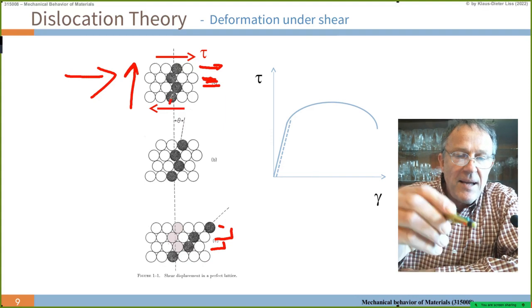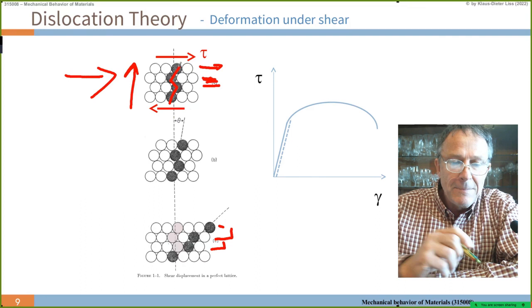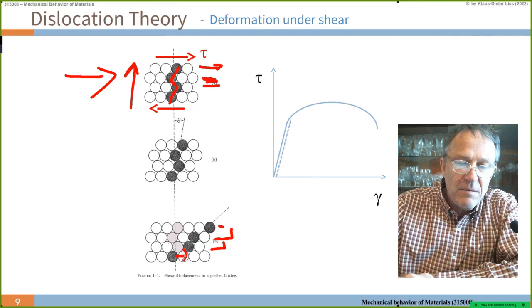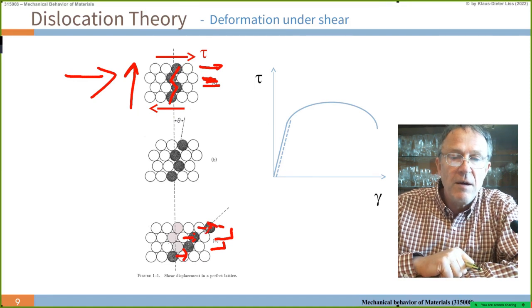Eventually, the black atoms, which are aligned here as nearest neighbors, get further separated by these vectors. Each of them is slipped by that vector, and later on we call that a Burgers vector.